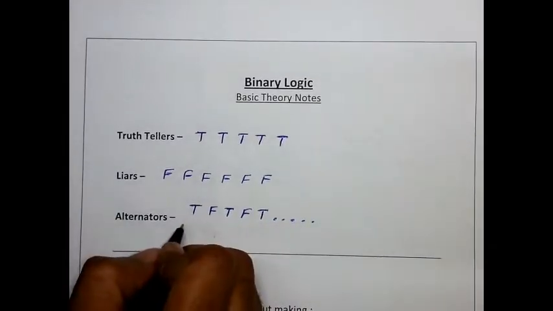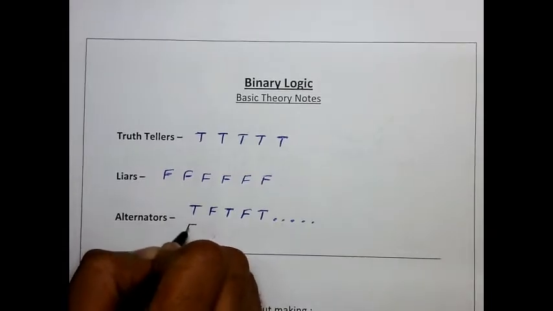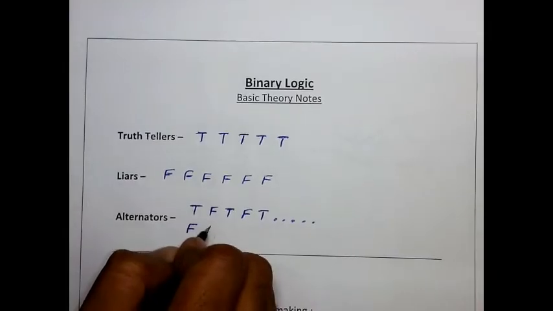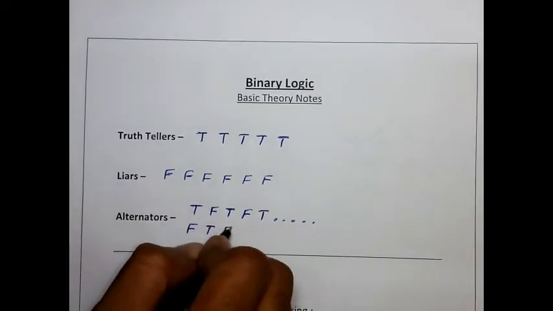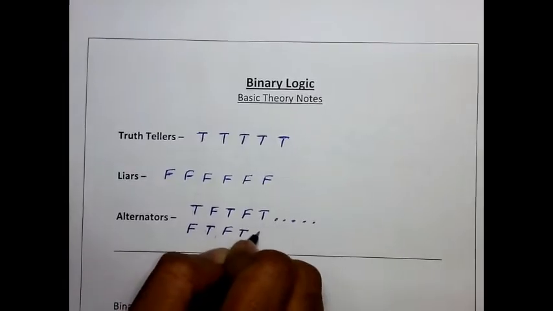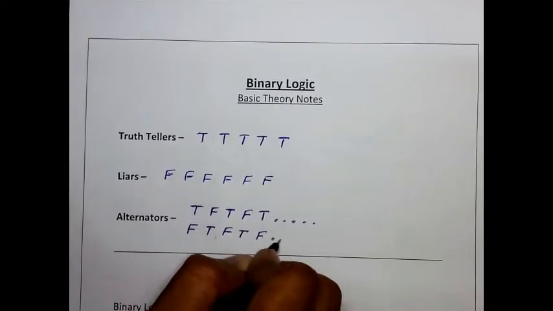But it's equally likely that the first statement made by an alternator is false, then the next statement will be true, then the next statement will be false, then comes a true statement, then comes a false statement, and this pattern continues.